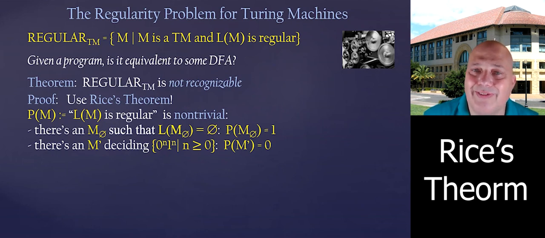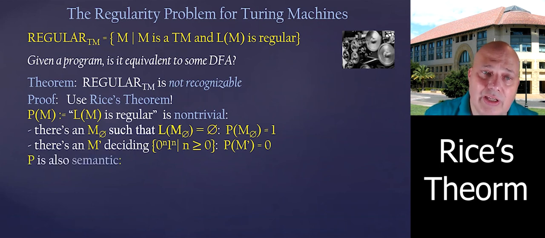So we have three properties here. The property is non-trivial, and it is semantic, because it only relies on the language recognized by M. And finally, we have that the property holds for M naught.